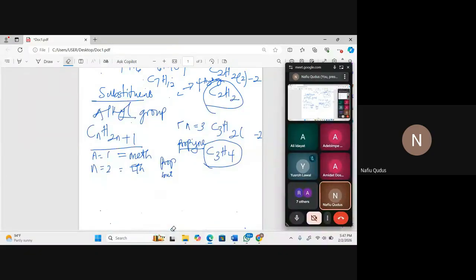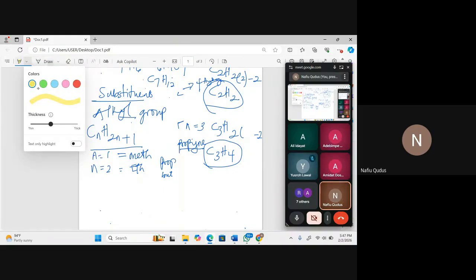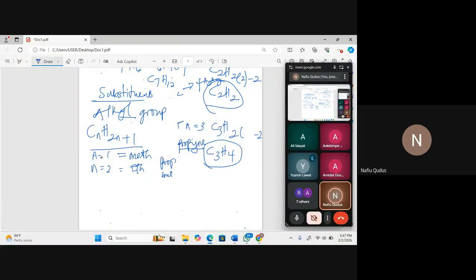So now, if n equals 1, using this formula, what do we have? We have C1, H2 into bracket 1 plus 1. 2 times 1 is 2, plus 1 is 3.